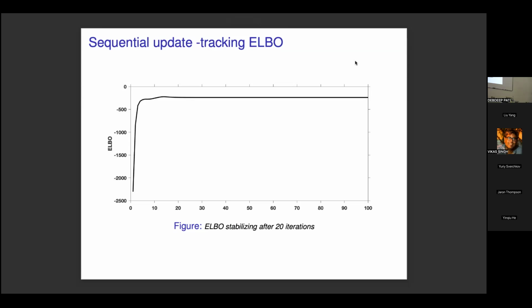Would the picture look qualitatively the same if I just took X to be the identity, in which case your factorization is exact? Sure, yeah. I'm just trying to understand, roughly, how sensitive is any of this to the conditioning of X? Like, if it was really nasty. Of course.